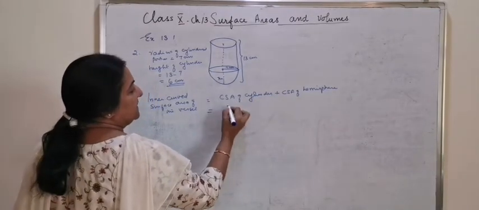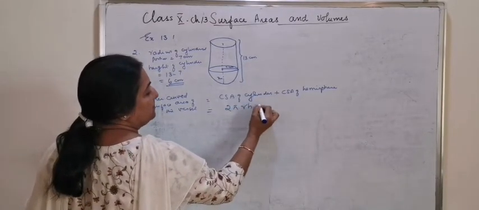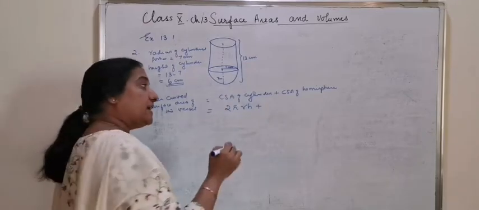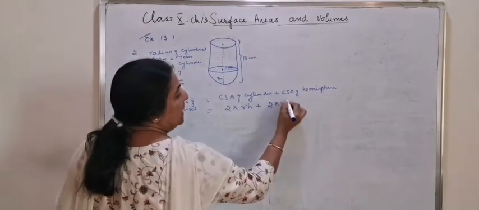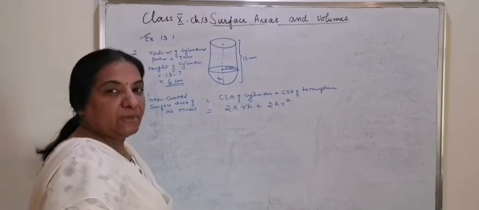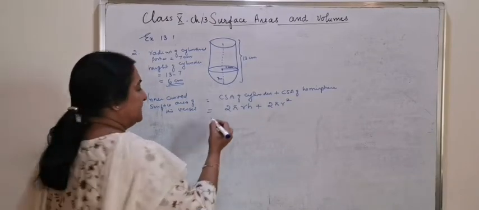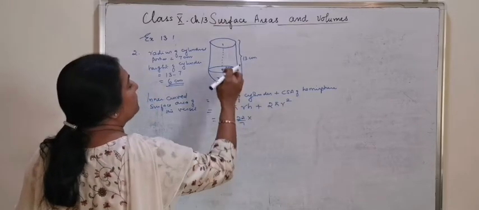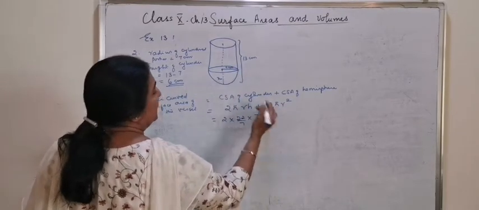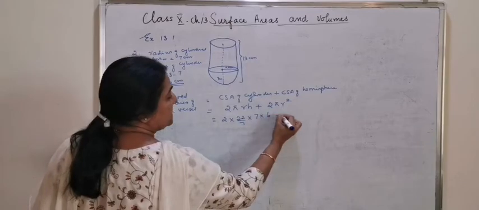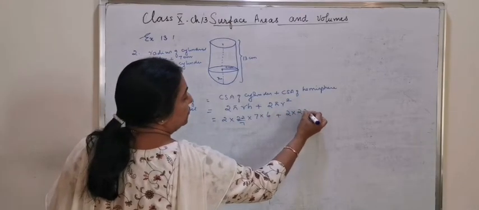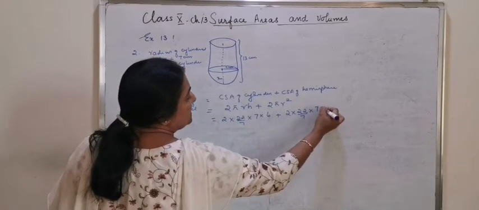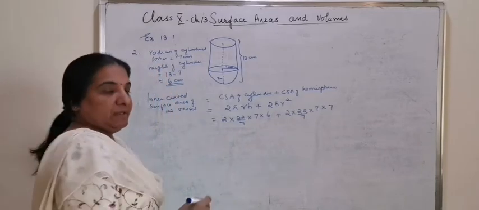Curved surface area of a cylinder is 2 pi RH plus curved surface area of a hemisphere is 2 pi R square. After substituting the value, we can take the common factor. So 2 into 22 by 7 into radius 7 into height of the cylinder 6 plus 2 into 22 by 7 into 7 into 7.